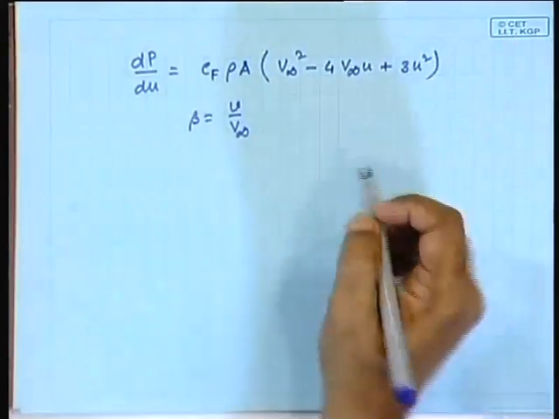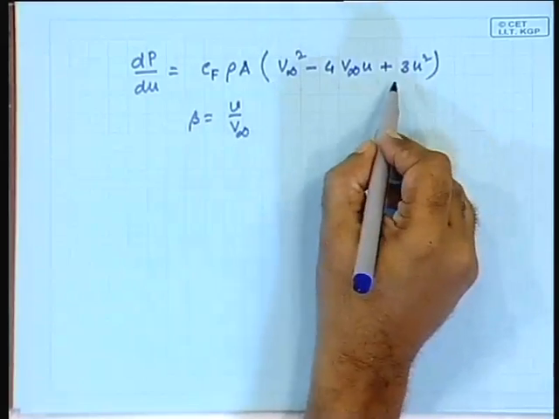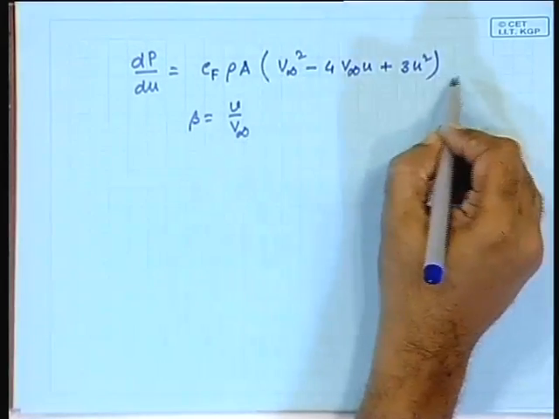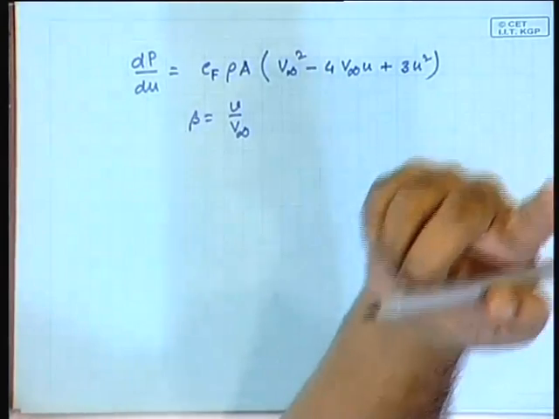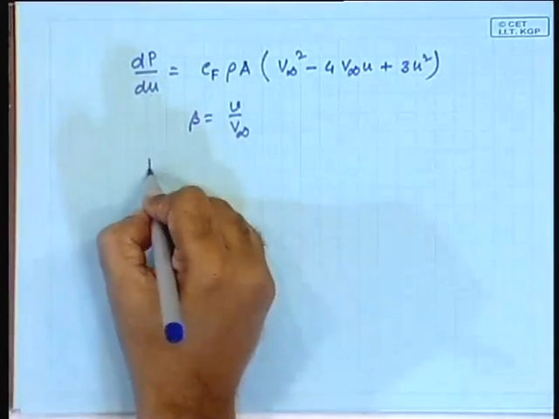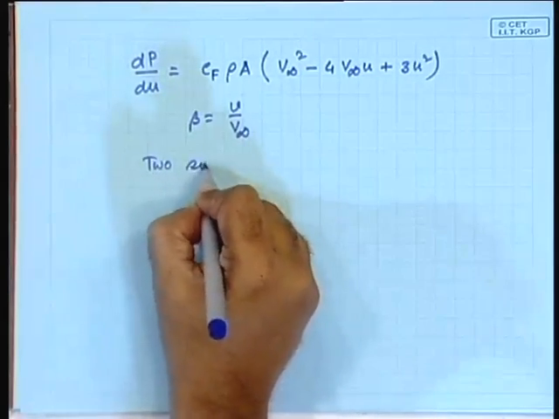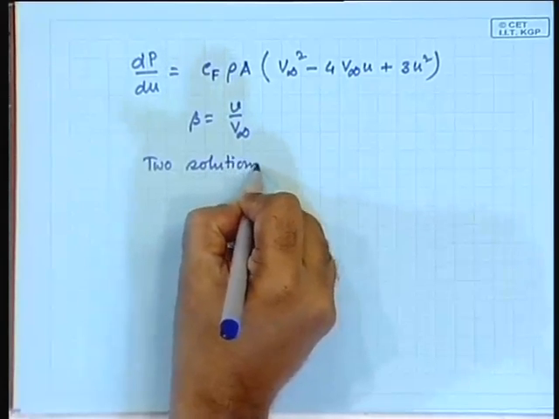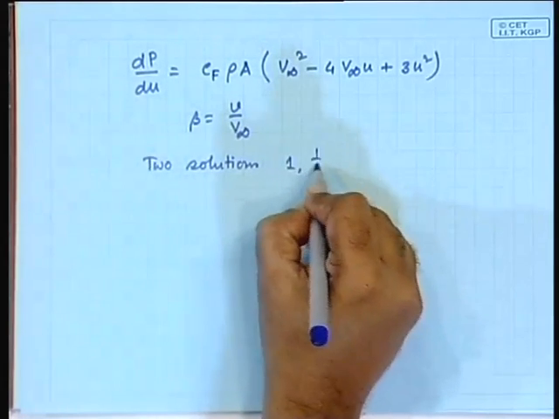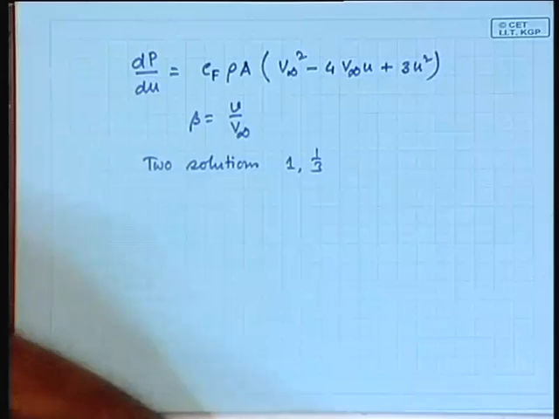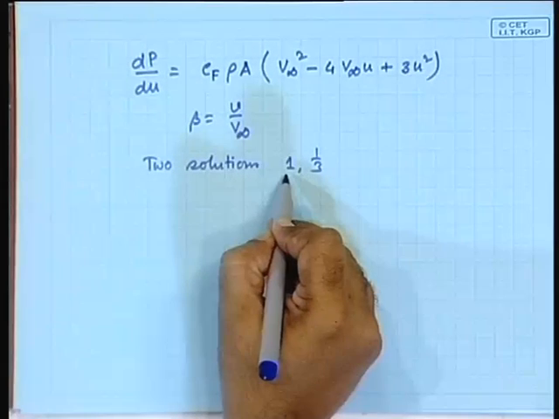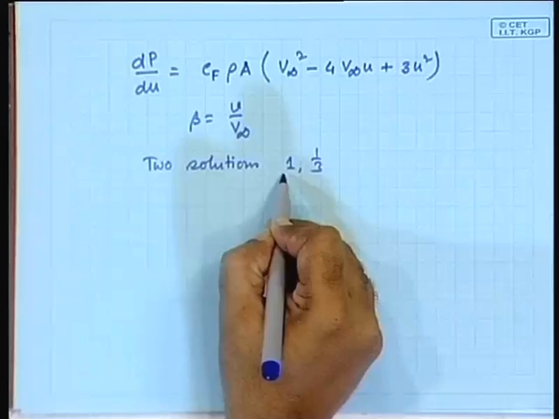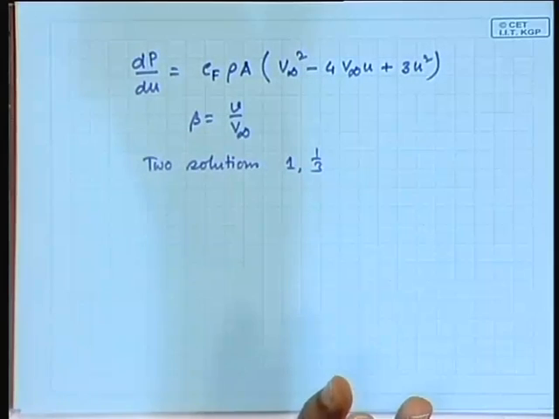So, as you said, if you express this and solve this polynomial equal to 0, you get again two solutions, 1 and 1/3. Okay. Out of that, is beta equal to 1 feasible? No, 1/3 is the only possible solution.